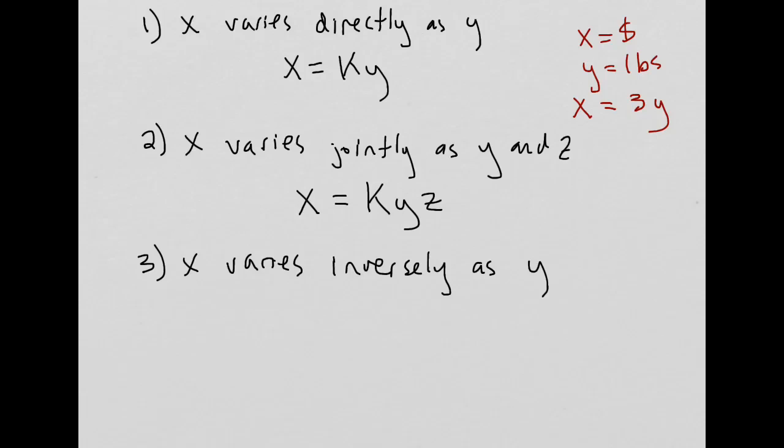The last one, x varies inversely as y, is again a formula. This time it's x equals some sort of a constant divided by y. That last one basically represents a situation where if one variable increases, the other variable decreases.